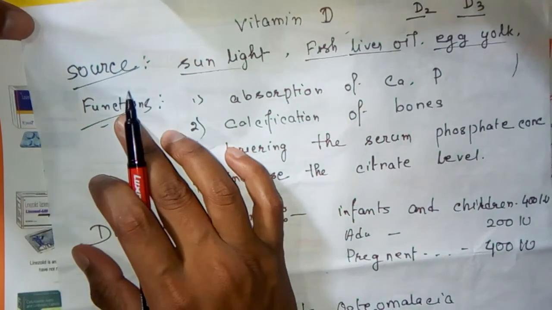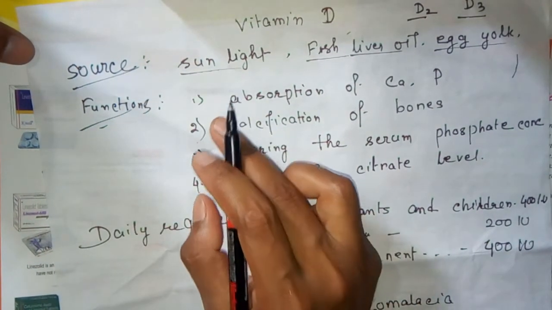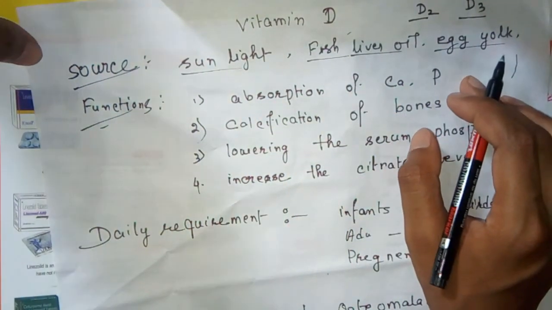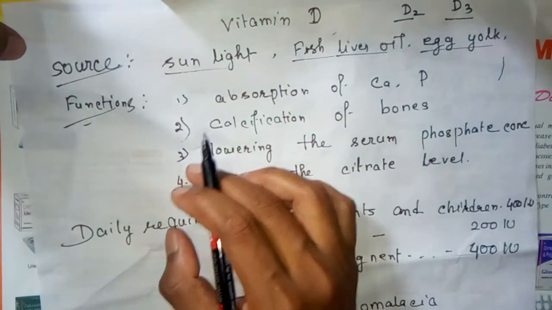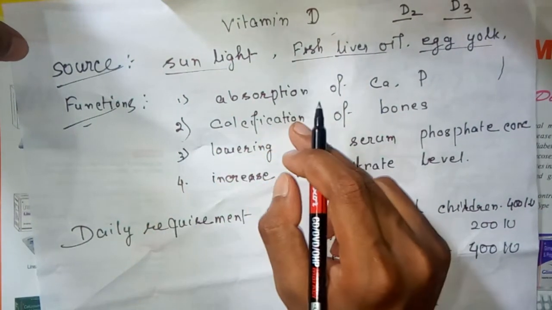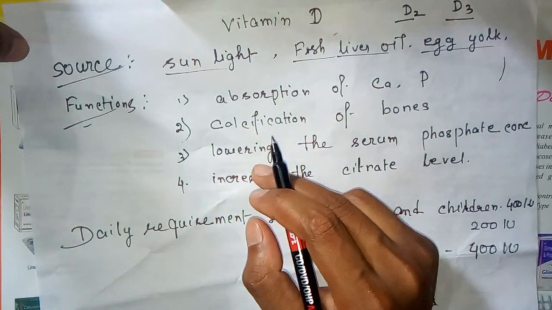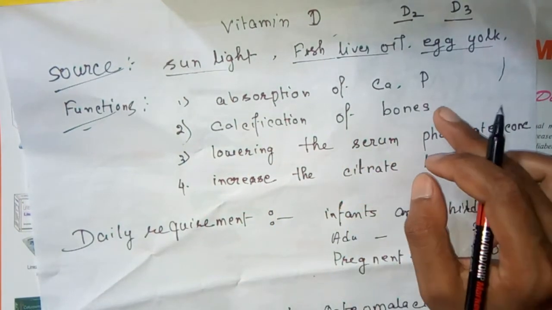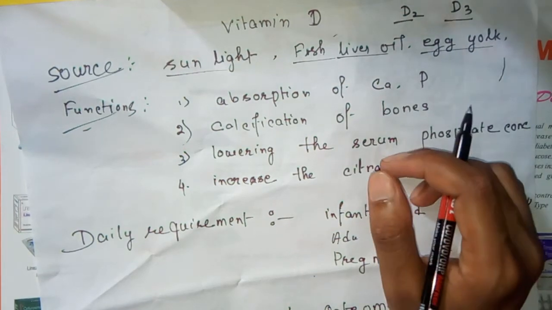Then the functions of vitamin D: it increases the absorption of calcium and phosphorus. Then it increases the calcification of bones in children and adults, so it's important for the development and growth of the normal body.